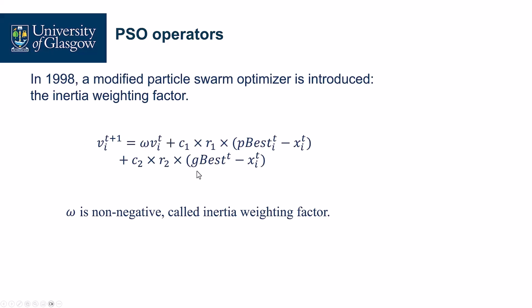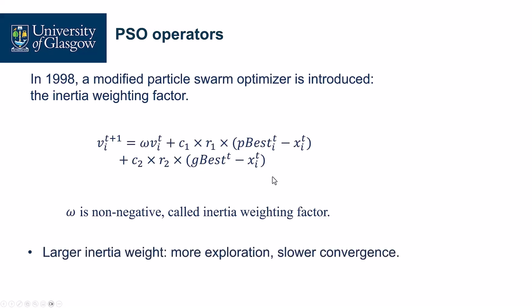When omega is large, the last velocity has more contribution, and this provides more exploration ability of the PSO. More exploration ability means a higher ability to explore unknown places. This promotes the algorithm to jump out of local optima and arrive at a possibly better solution.